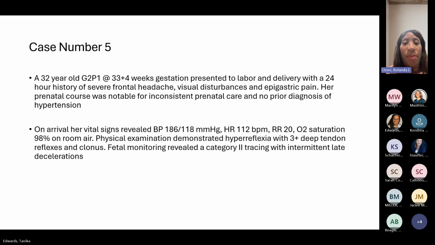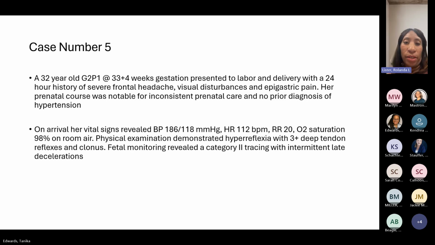Okay, this is, I believe, our last case. This is a 32-year-old Gravida 2 Para 1 at 33 weeks and 4 days gestation, presented to labor and delivery with a 24-hour history of a severe frontal headache, visual disturbances, and epigastric pain. Her prenatal course was notable for inconsistent prenatal care, no prior diagnosis of hypertension.